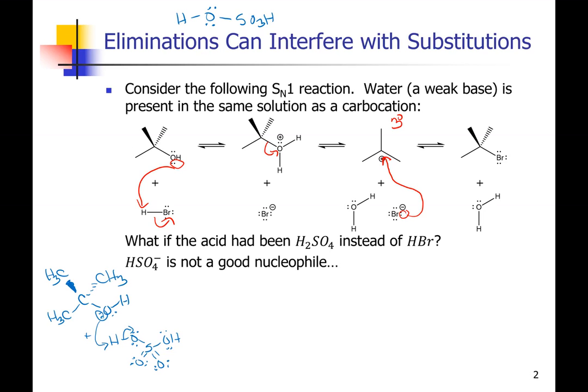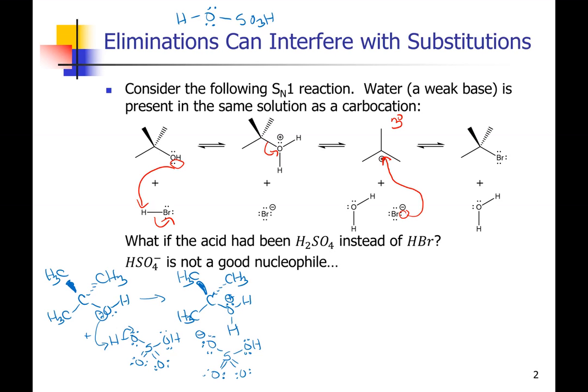This is exactly the same step as in the example at the top of the slide, and so that's going to give us exactly the same protonated intermediate. My oxygen now has 2 hydrogen atoms attached, and of course, I generated the conjugate base of my sulfuric acid.